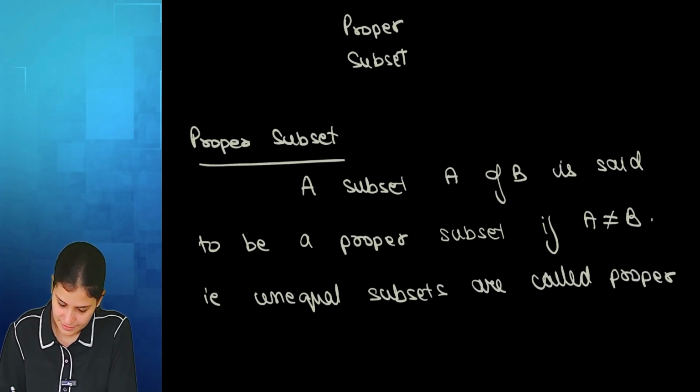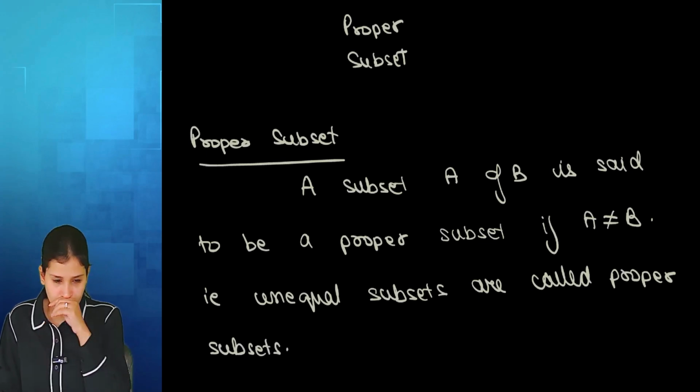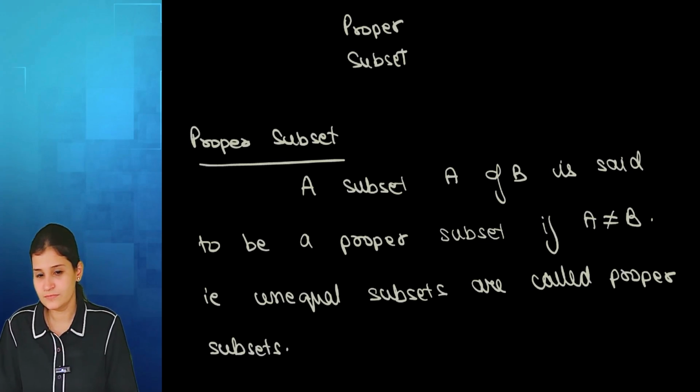Unequal subsets are called proper subsets. Understood?